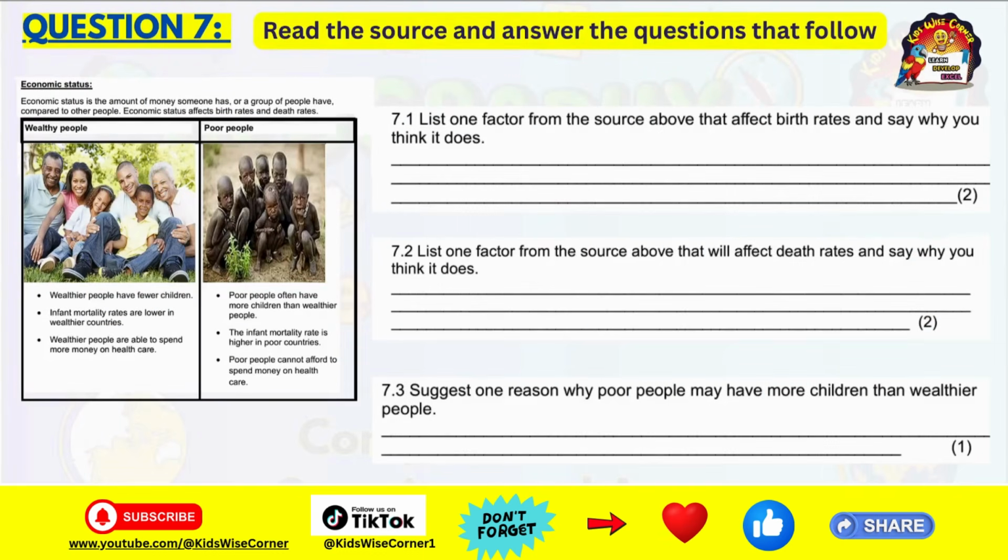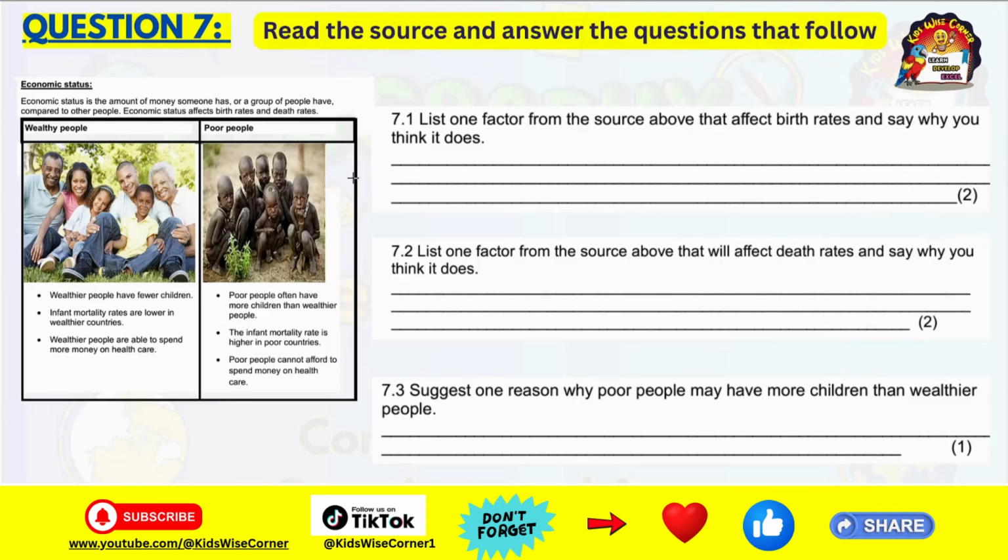So question 7.1. List one factor from the source above that affects birth rates and say why you think it does. The factor that's affecting birth rates is wealthier people have fewer children because children are expensive to raise. So wealthier people have fewer children.